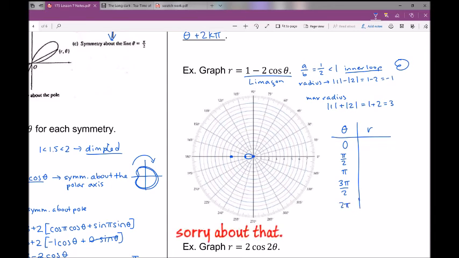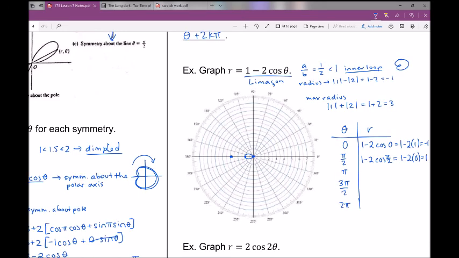If we plug these in for theta, we get 1 minus 2 times the cosine of 0, which gives us 1 minus 2 times 1, which is negative 1. If we plug in pi over 2, we get 1 minus 2 times the cosine of pi over 2, which is 1 minus 2 times 0, which just gives us 1.